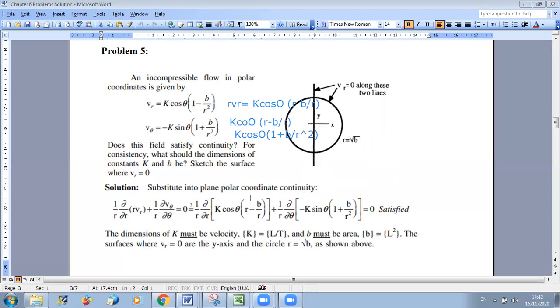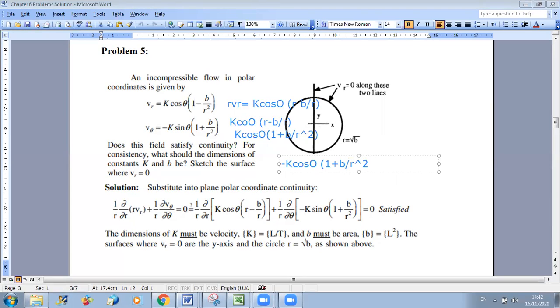Now, for the second term, if I derive V theta with respect to theta, the derivative of sine theta with respect to theta is cosine theta. So this term, if I derive it, I will replace by minus K cosine theta times 1 plus B over R squared.